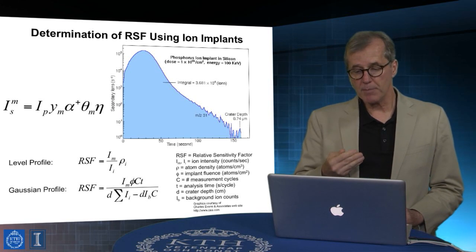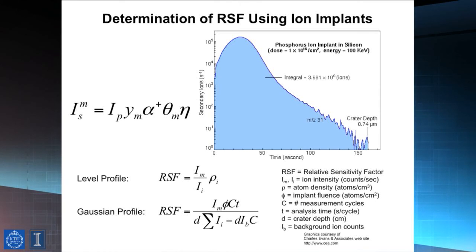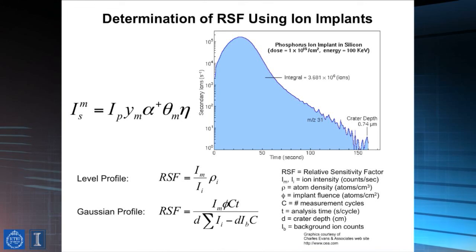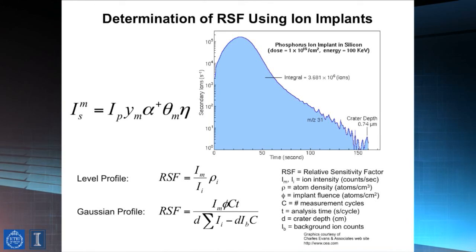So this is an example that was done using an implanted silicon single crystal that had been implanted using phosphorus, using a very precise implant energy and dose. Right, so the implant was made at a kinetic energy of 100 kiloelectron volts.